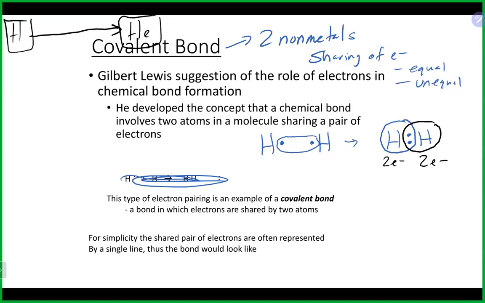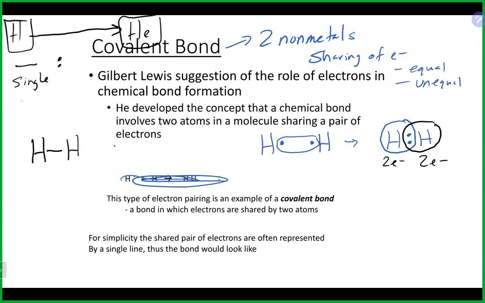All right, so you can represent this bonding, this sharing of electrons, just like I did, using dots. Most of the time, people will use lines to represent the bonding. So you could represent this bond by putting a line between the 2 hydrogens, and that would represent the 2 electrons being shared. If you see one line between 2 elements, that represents 2 electrons being shared, which is known as a single covalent bond.